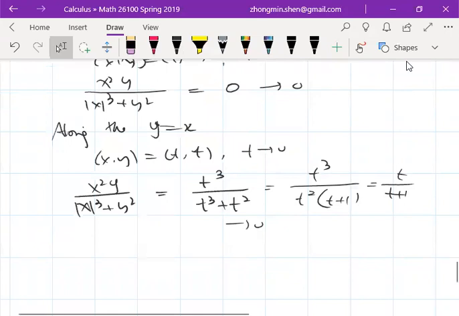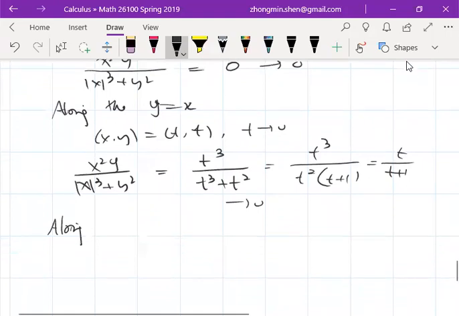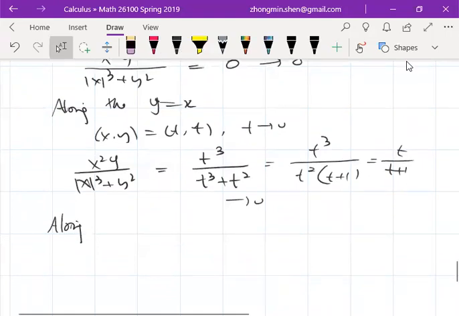We should try to find something different along a different line.